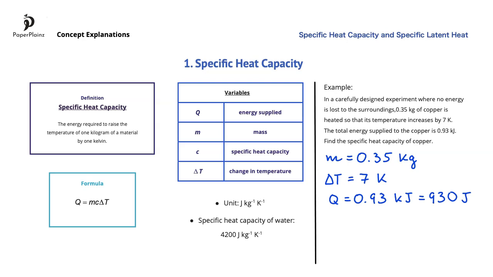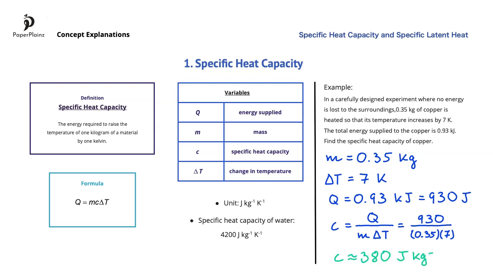Rearranging our formula for C, we get C is equal to Q over m times delta T. Substituting gives us 930 divided by 0.35 times 7. So C is approximately 380 joules per kilogram per Kelvin.